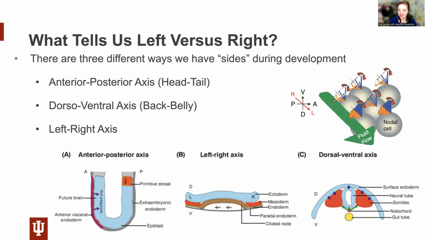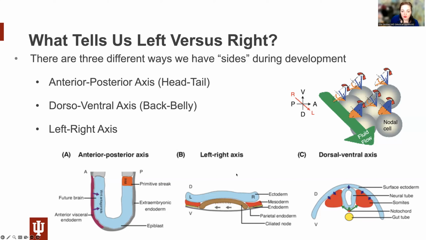And so first, don't start getting overwhelmed by this slide. I know there's a lot of pictures and terms, but generally when we're being created, we get 3 axes. We call it the anterior posterior axis, which is head to tail, the dorsoventral axis, which is back to belly, and then the left right axis, which is the one that we're most focused on.